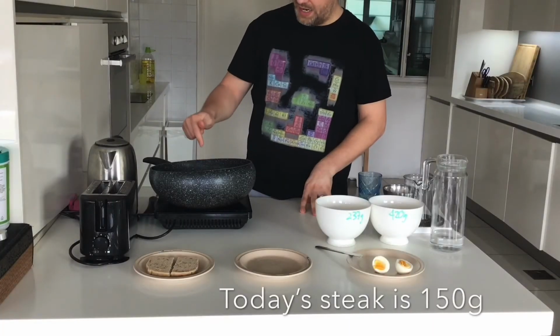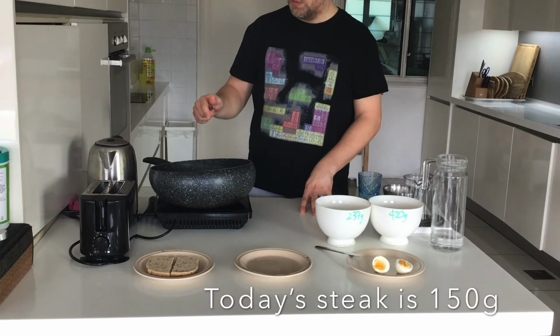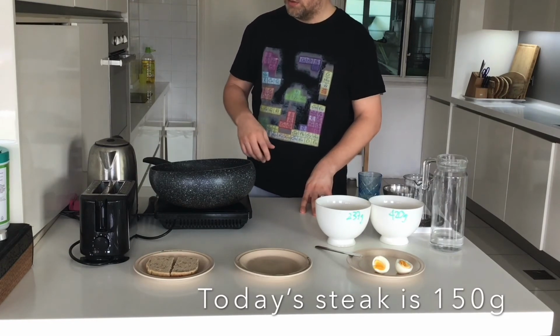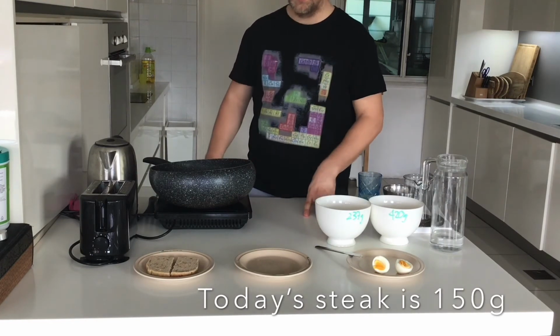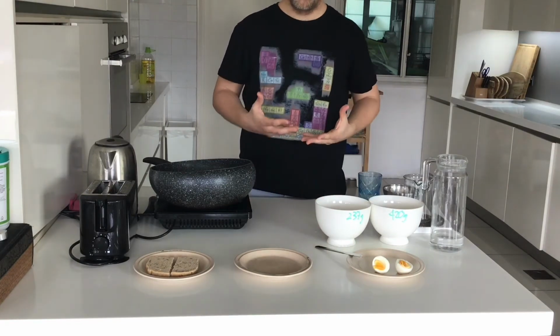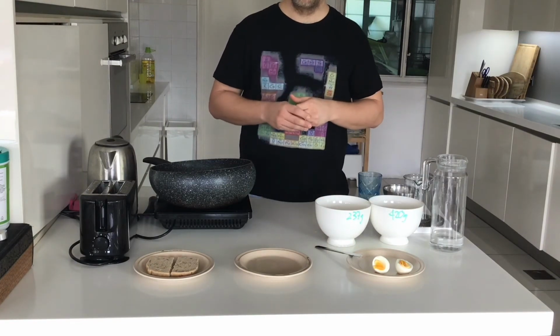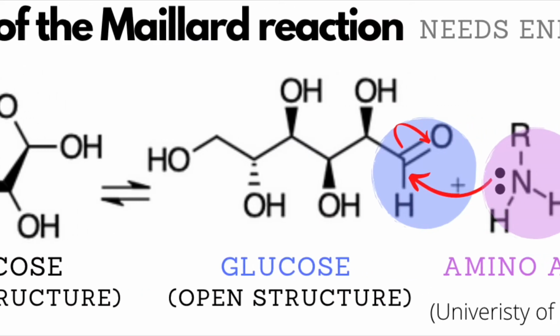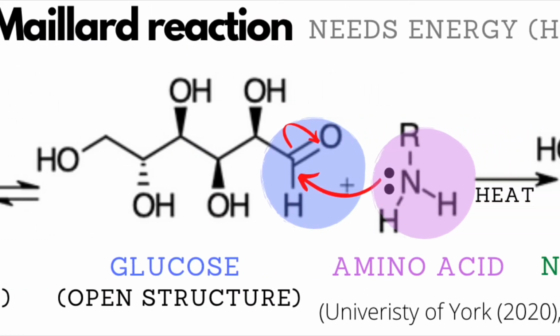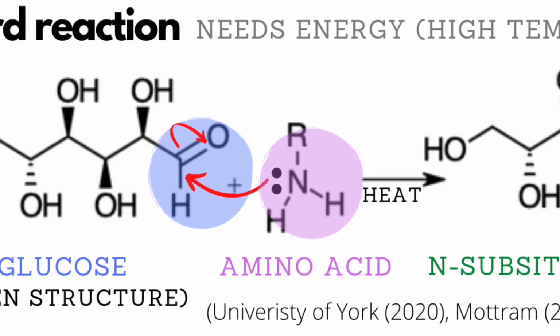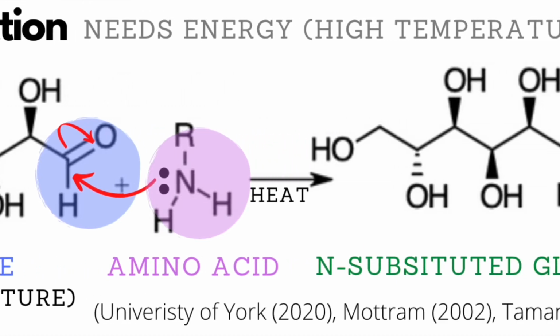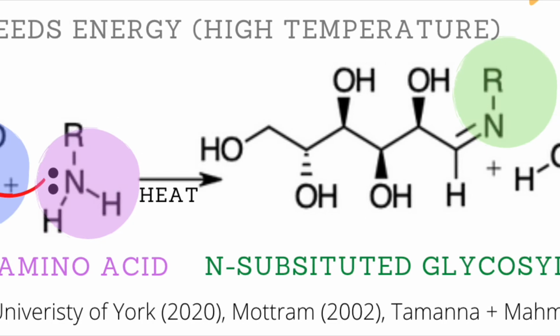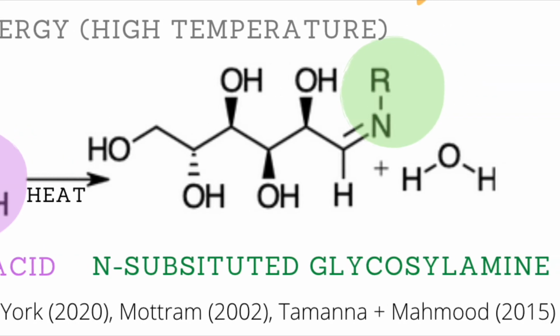The steak that we're cooking right now is around 150 grams. Then in the second step, you're going to look at the actual chemical equation to work out bond enthalpy, and the video explains a little bit about how to do that.